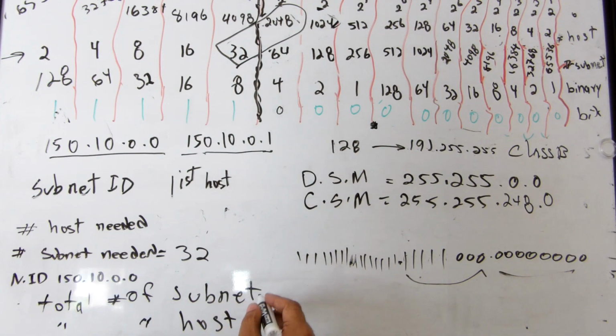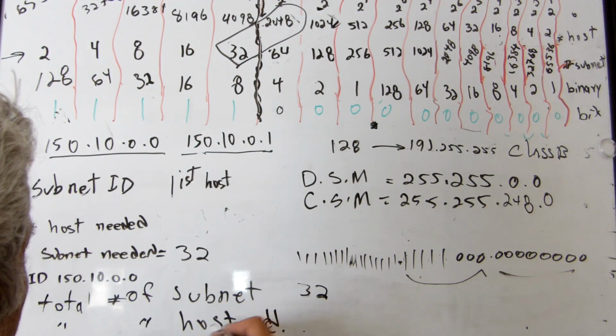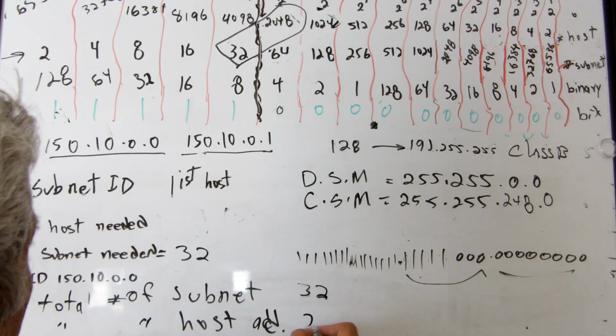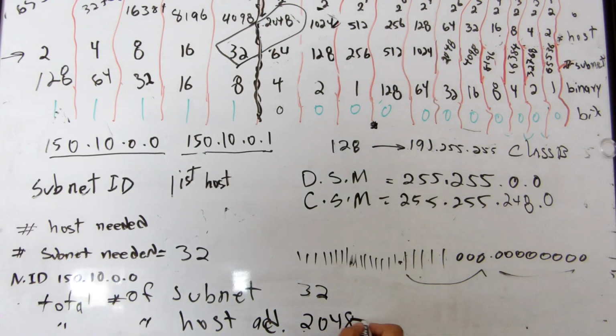The total number of subnets is 32, and the total number of hosts is 248 minus 2.